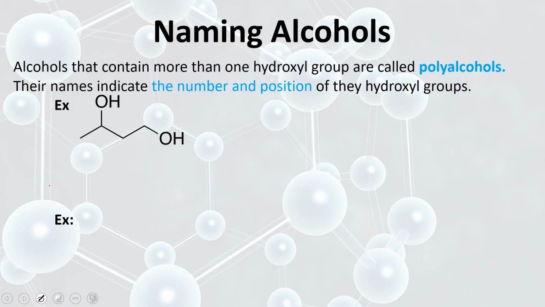Alcohols that contain more than one hydroxyl group are called polyalcohols. Their names indicate the number and position of hydroxyl groups. For example, if I'm looking at this, there's a carbon 1, 2, 3, 4.